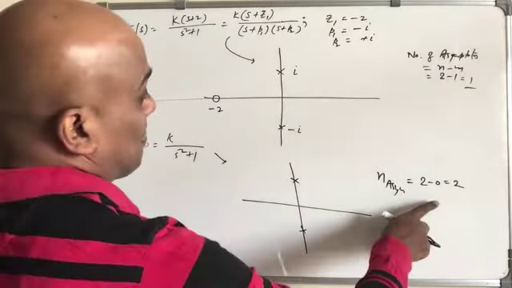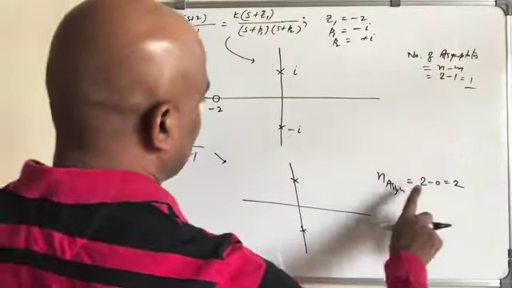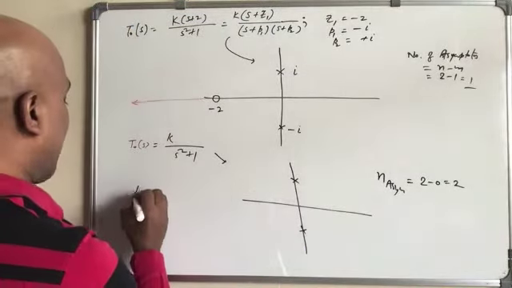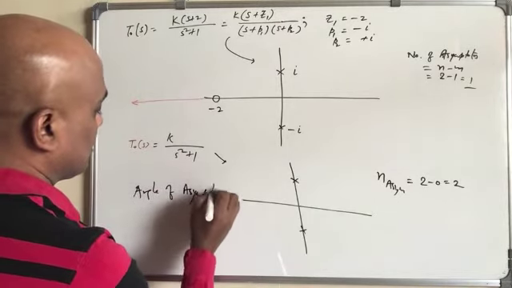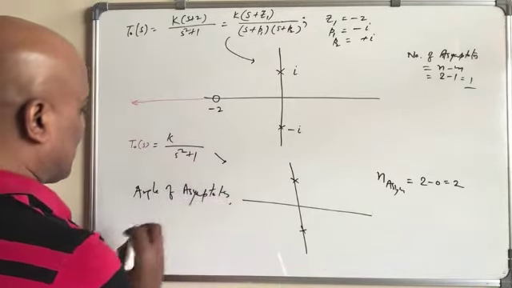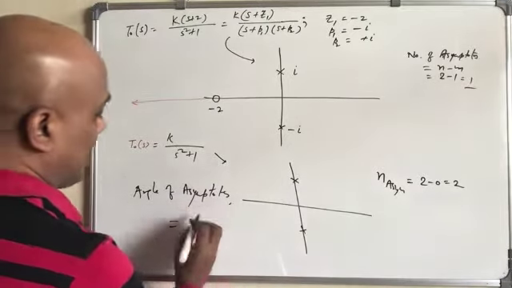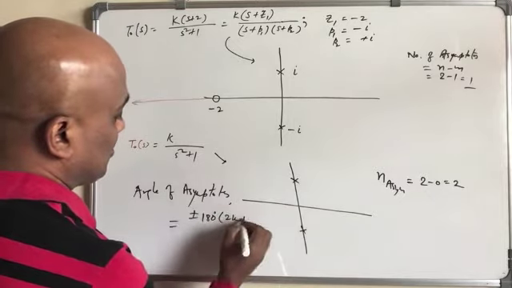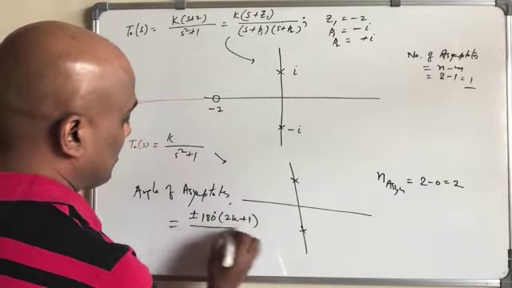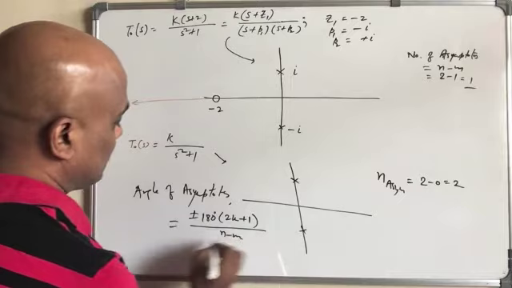And how will we find out? We have to find the angle. So the angle of the asymptotes is equal to plus minus 180 degrees times (2k plus 1) divided by n minus m.